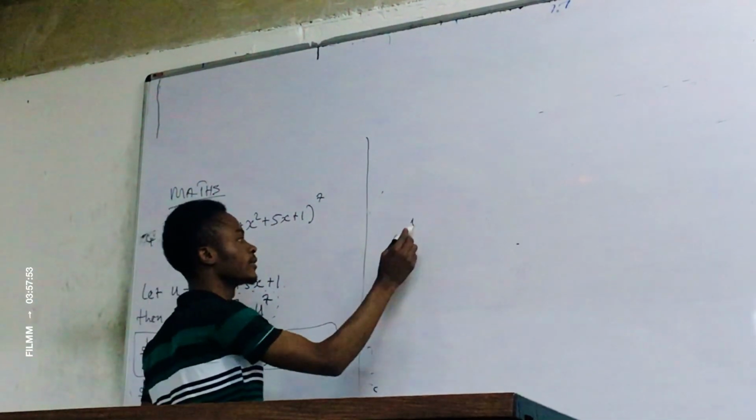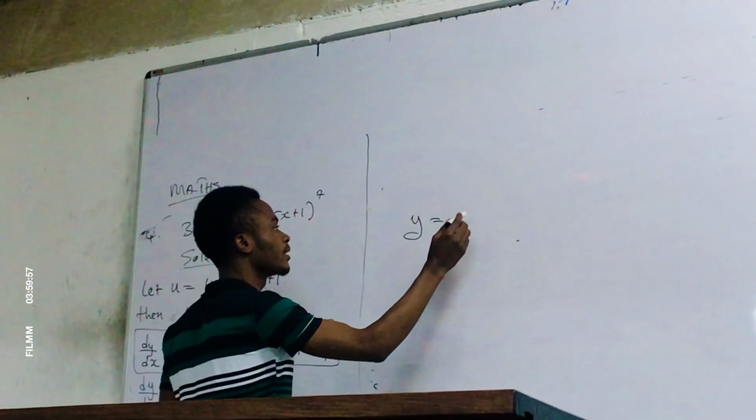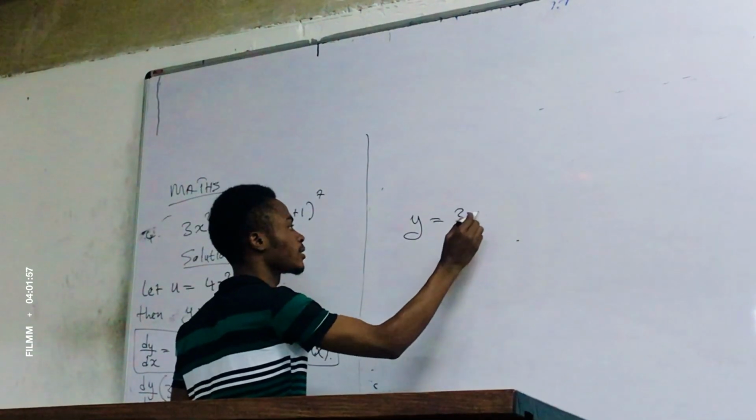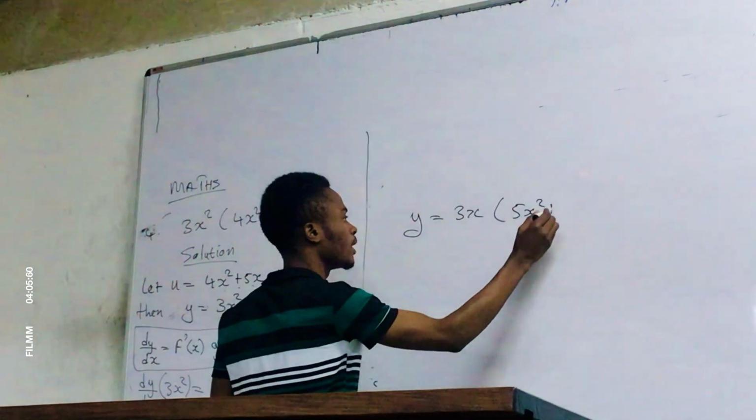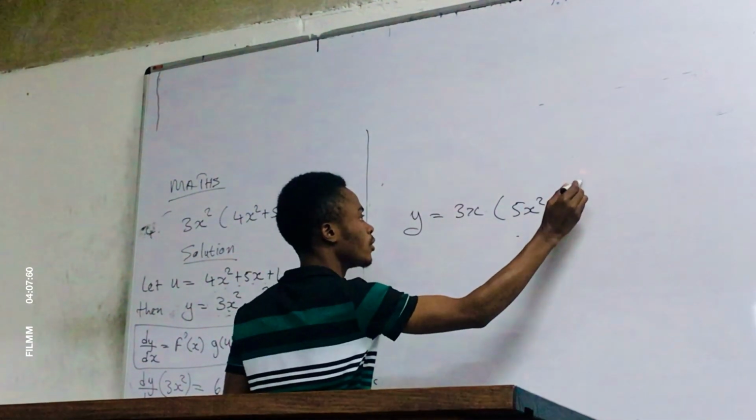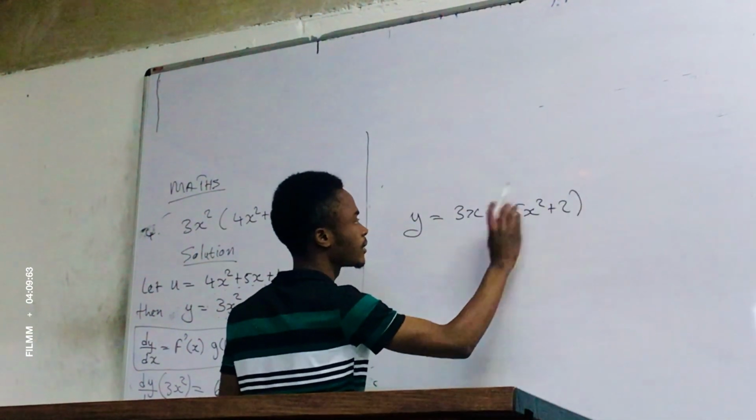We had something like, let's say you have 3x to the power 5 times 5x squared plus 2. Let's say something like that.